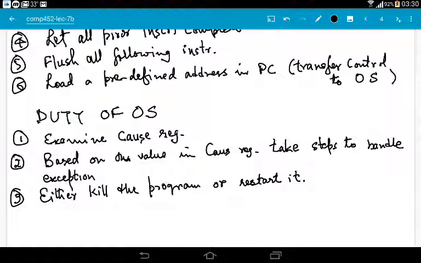But if it's an arithmetic overflow or a hardware fault, then the OS normally kills the program. We will talk about the memory related exceptions in the next chapter, and we will talk about the page faults and TLBs in detail.